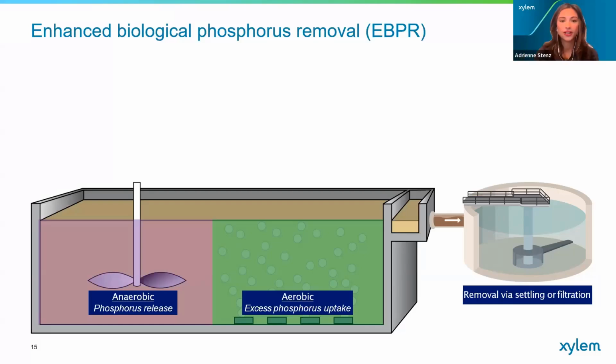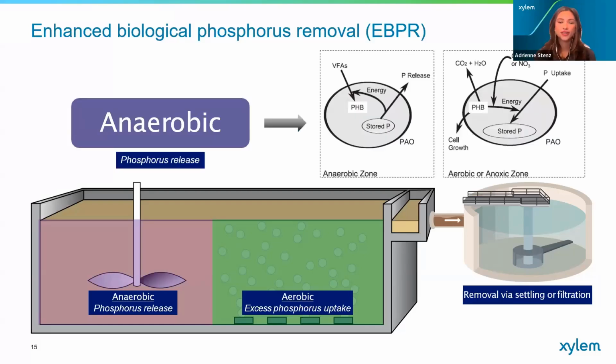These bacteria are called PAOs, or phosphorus accumulating organisms. These PAOs require alternating anaerobic, so zero oxygen, and aerobic, oxygenated conditions to remove phosphorus from wastewater. These PAOs store phosphorus inside of their cells, and they require carbon as a food source for energy.